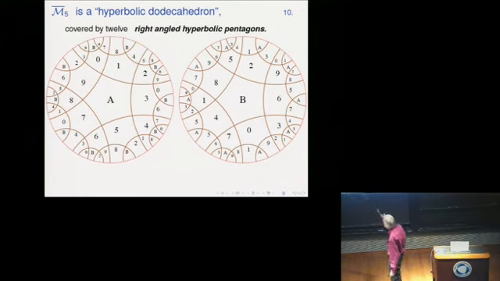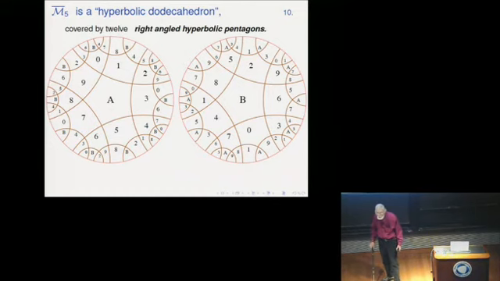And any 2 pentagons with the same number are to be identified with each other. And you can tell what vertices are to be identified just by checking what 4 pentagons they're adjacent to. So, for example, 3, 4, 5, A here will be identified with 3, 4, 5, A here, and so on.